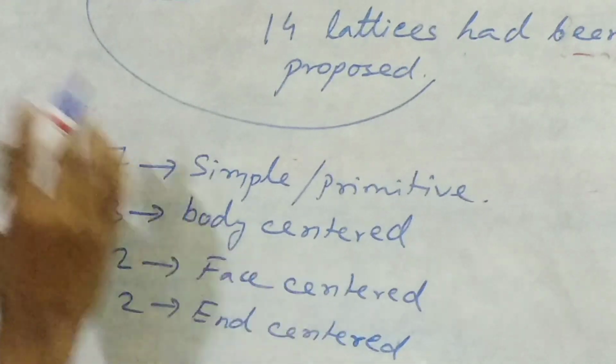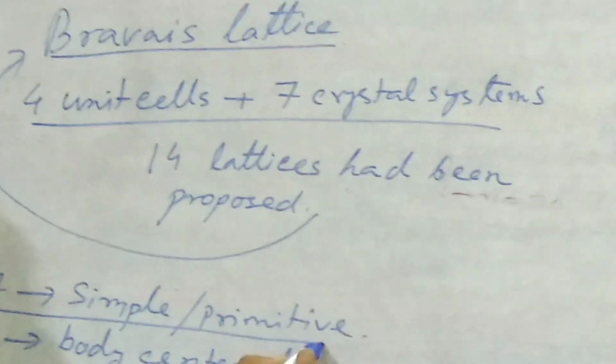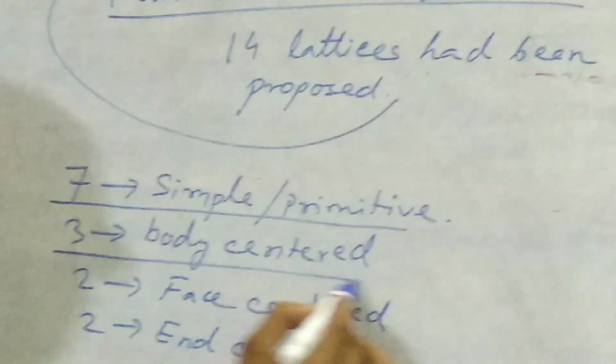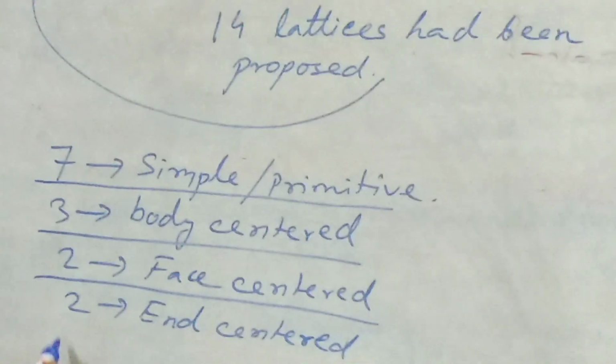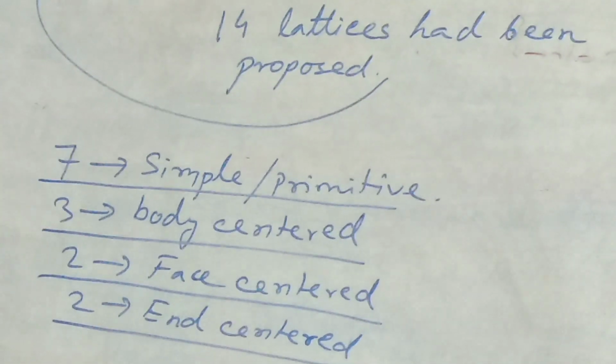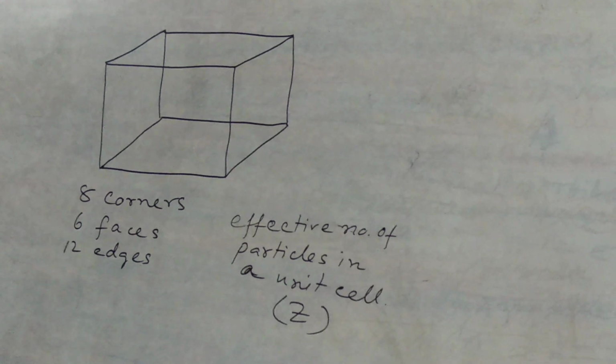So there are 14 Bravais lattices. Out of them, 7 are simple or primitive, 3 are BCC body-centered, 2 are FCC or face-centered cubic, and 2 are end-centered cubic. Okay? Now find out the effective number of particles in a unit cell.